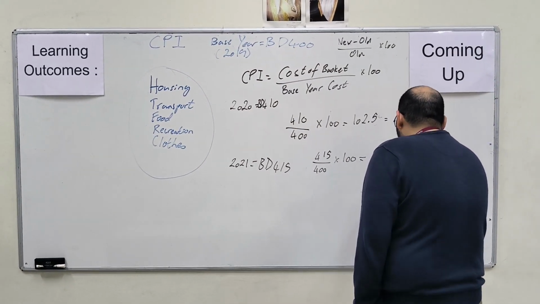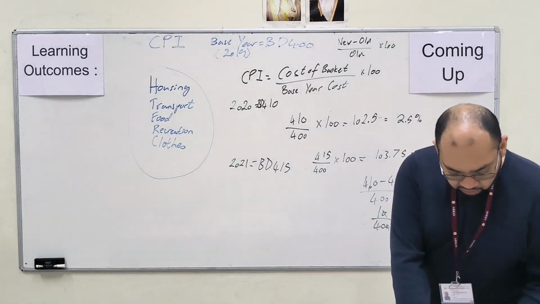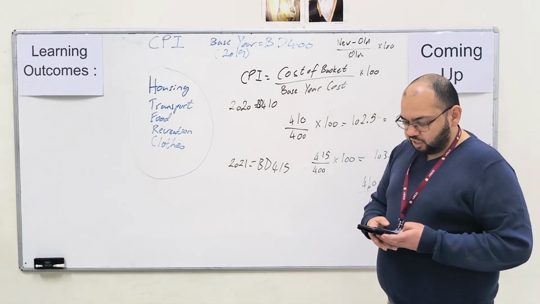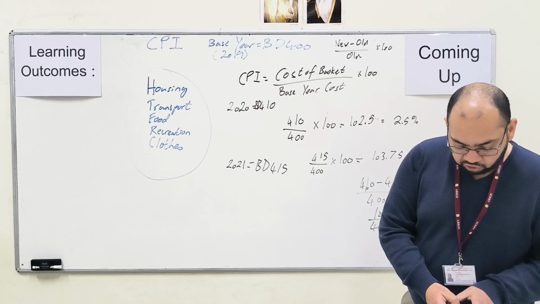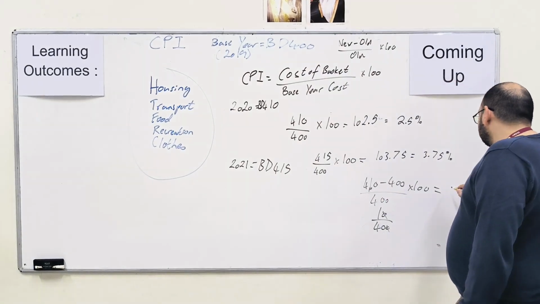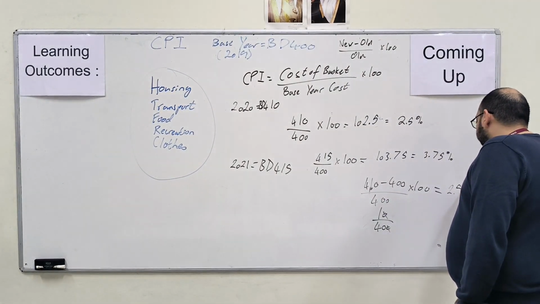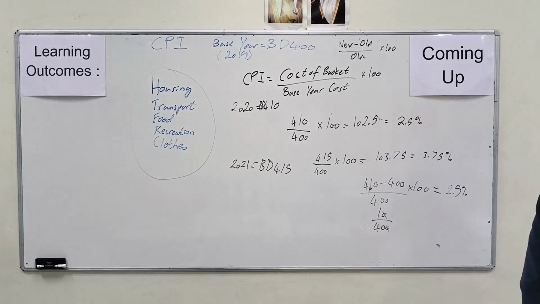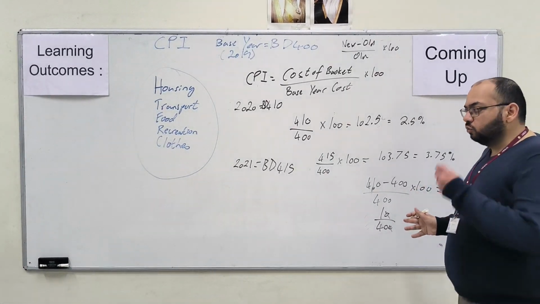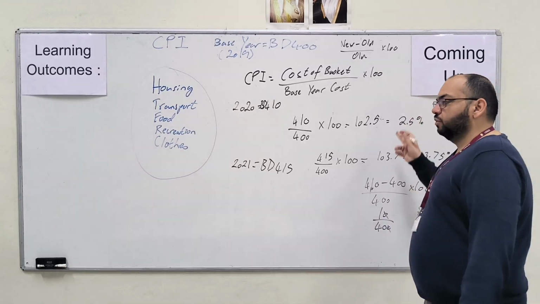Take away the zeros. 1 over 40 is the same thing as 0.025 multiplied by 100 is 2.5%. If you do these calculations on your own, you will see that you will get the same numbers, okay?